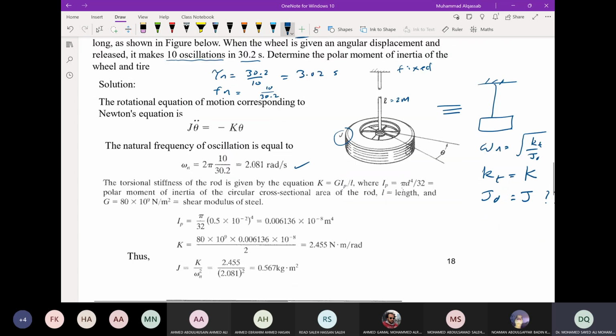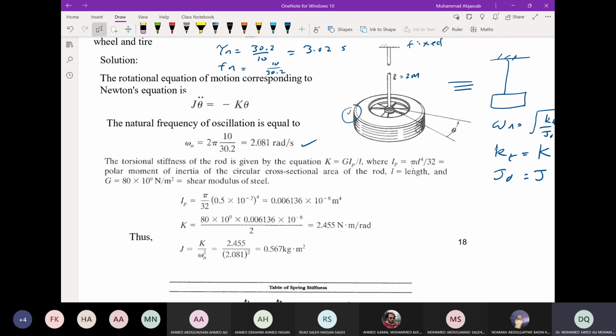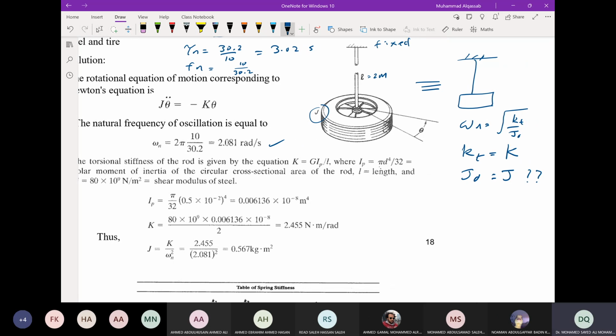Then you can calculate K from the equation K equals G Ip over L. Here it's called Ip, P for polar, and we use Io for polar as well. We have Io equal to Ip, and Ip equals pi d to the power 4 over 32.